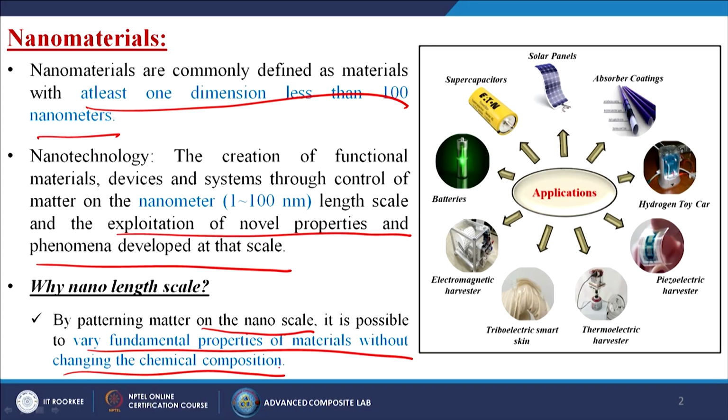Now, in this image you can see that we have given many examples like solar panels, absorber coatings, hydrogen toy car, piezoelectric harvester, thermoelectric harvester, triboelectric smart skin, electromagnetic harvester, batteries, and supercapacitors. All these applications we are going to discuss in this topic.